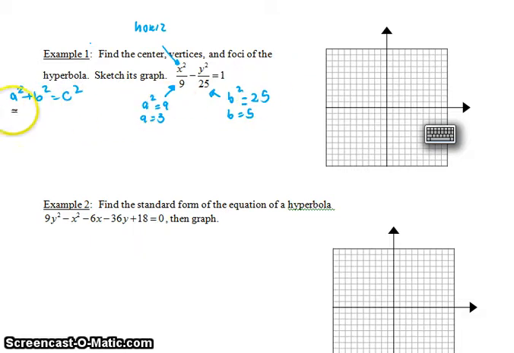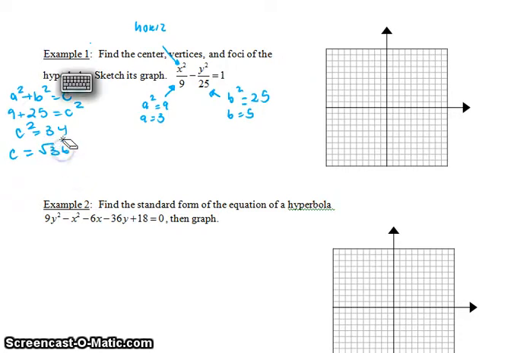So 9 plus 25 is our c squared. 9 plus 25 is 34, so c squared is 34, or c is the square root of 34. Now 34 is close to 36, so I know that the square root of 34 is just a bit less than 6, which we just need to know about for graphing purposes.